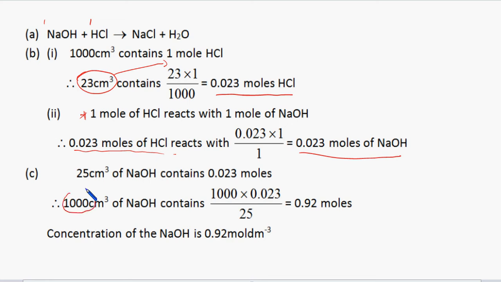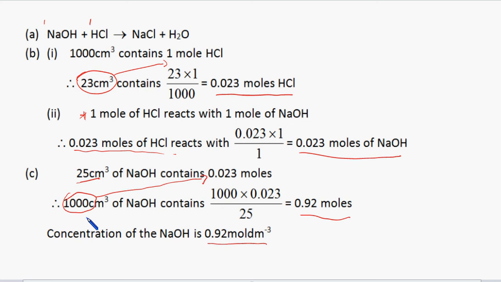So 1000 cm cube, cross multiply by 0.023 divided by 25, and that gives us 0.92 moles present in 1000 cm cube of the sodium hydroxide. So the concentration of the sodium hydroxide is written as 0.92 mole per dm cube, as in 0.92 moles of the sodium hydroxide is present in 1000 cm cube.